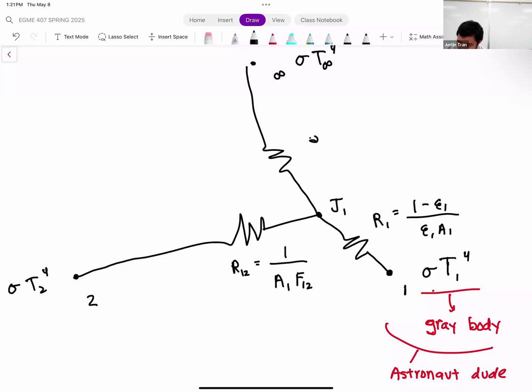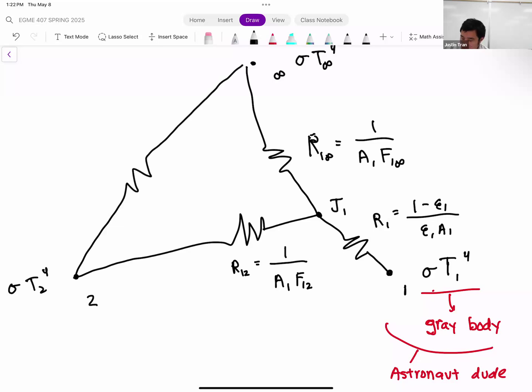So this is R1 infinity, which is equal to 1 over A1 F1 infinity. Right, and then we have one resistance that connects these two. So this is R2 infinity, 1 over A2 F2 infinity.